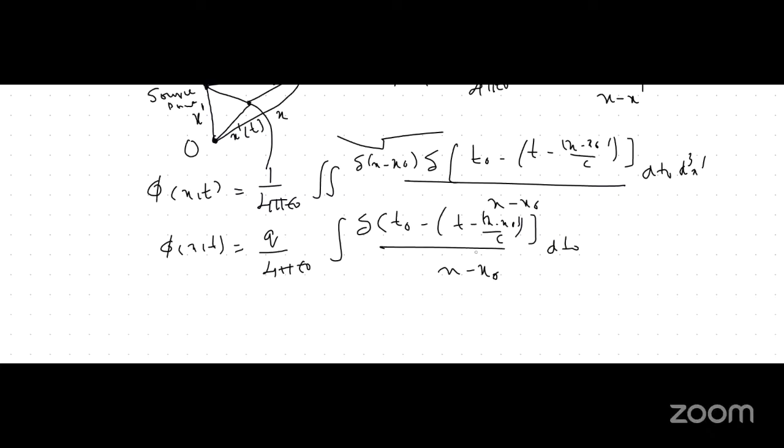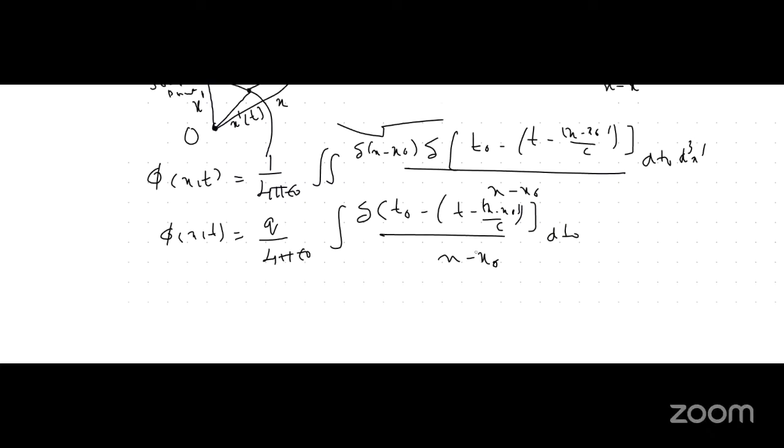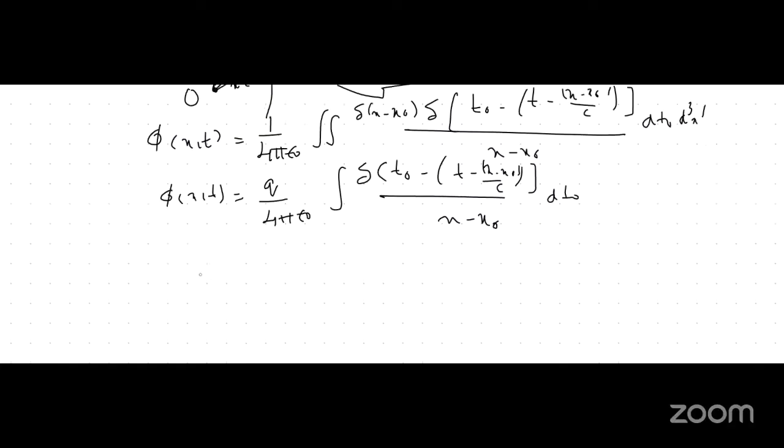Here, to utilize the properties of this delta function, let us introduce a new variable t double dash, which will equal t naught minus t plus |x minus x naught| by c. So in place of this expression, we will write t double dash.